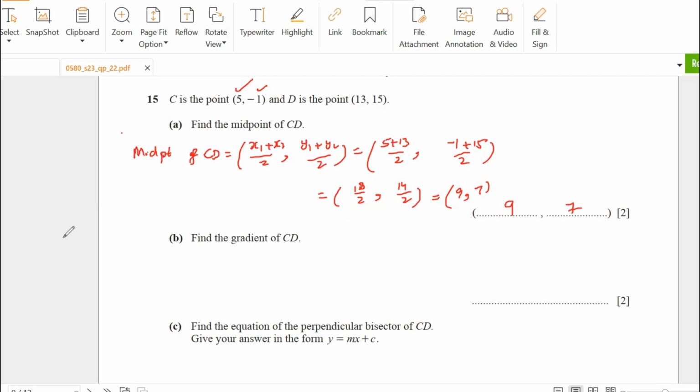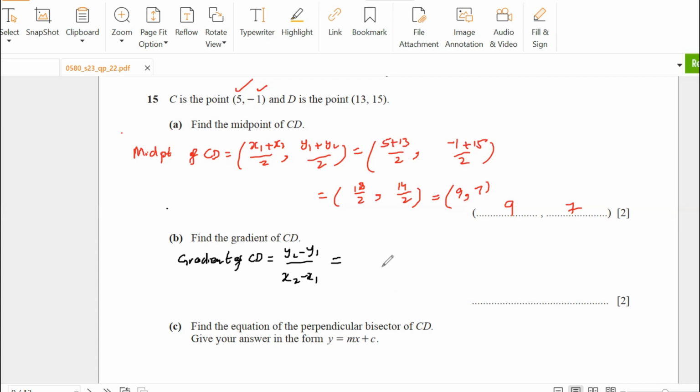We will apply the formula of gradient. The gradient of CD is equal to (y2 - y1)/(x2 - x1), meaning the difference of the y coordinates divided by the difference of the x coordinates. That is called the gradient of CD.